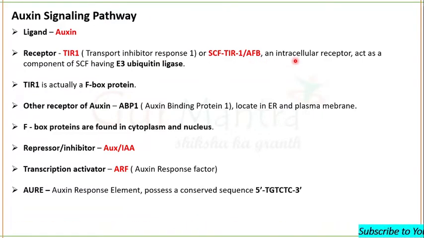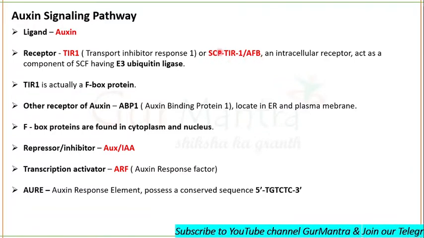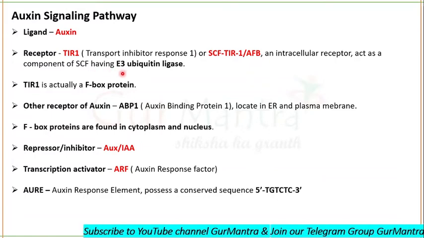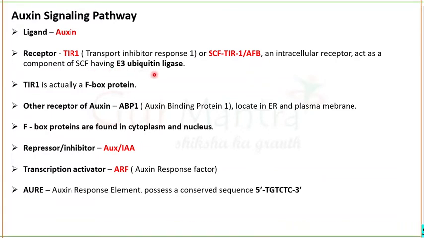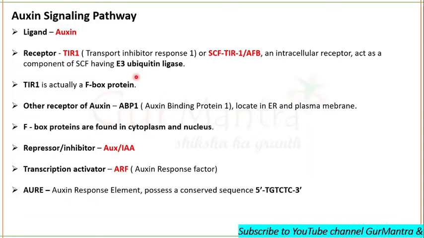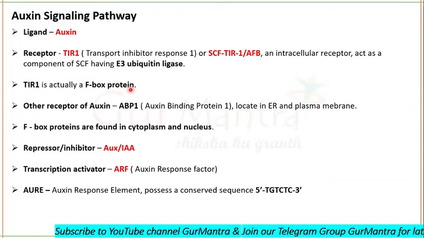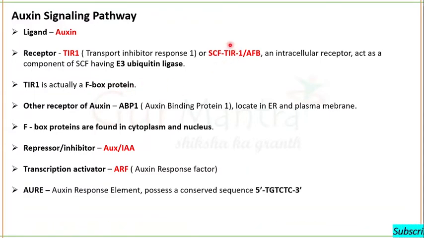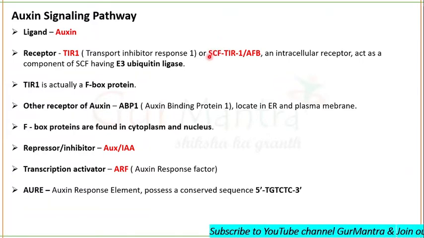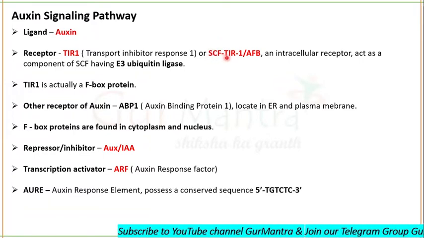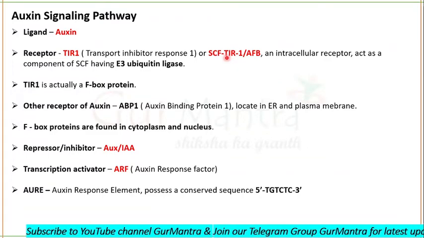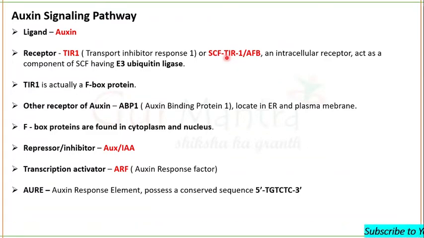And why is it also known as SCF-TIR1-AFB? Because it acts as a component of SCF having E3 ubiquitin ligase. What does it mean? It means that TIR1 is actually an F-box protein, and F-box is itself a component of the SCF complex, which is the SKP1-cullin-F-box protein complex.